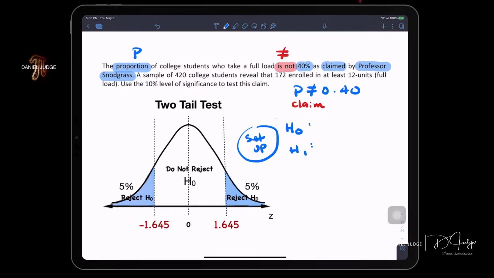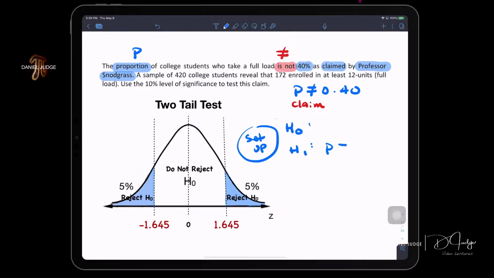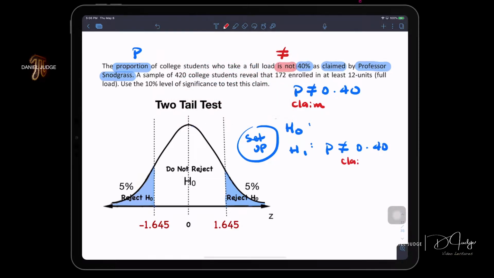So the fact that this is a not equal means that the claim happens to be an alternate hypothesis. So I put this in the alternate hypothesis position. And here's that claim. So my claim is an alternate hypothesis. It lacks a condition of equality.